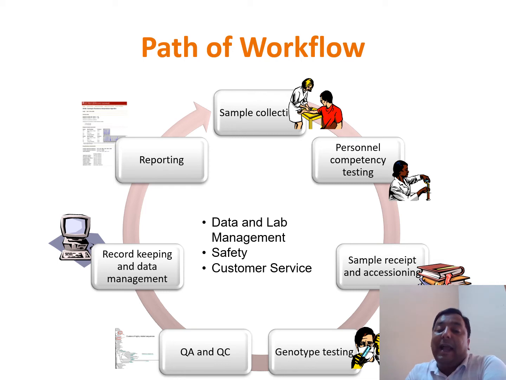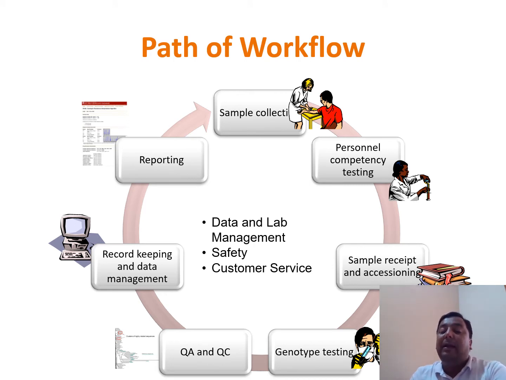This entire workflow is divided into three phases: pre-testing phase, testing phase, and post-testing phase. The pre-testing phase will cover sample collection, personnel competencies, and sample receipt and accession, and the testing phase will be genotypic testing, testing each individual genetic constituent.